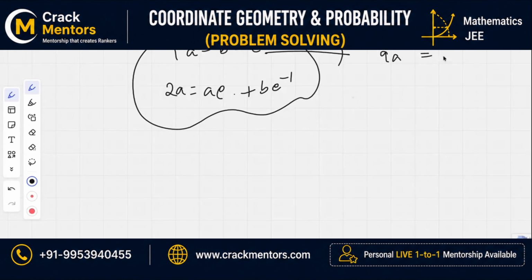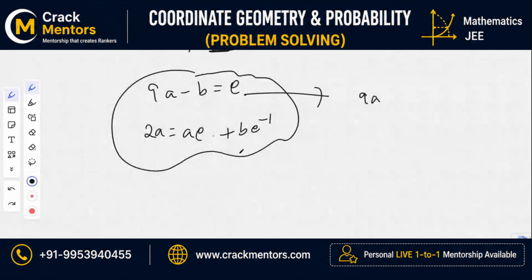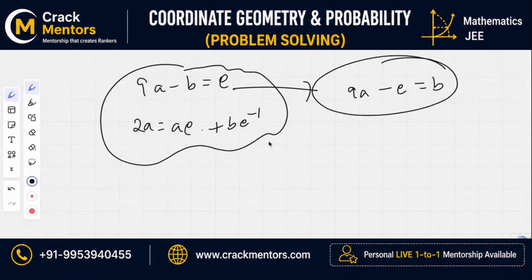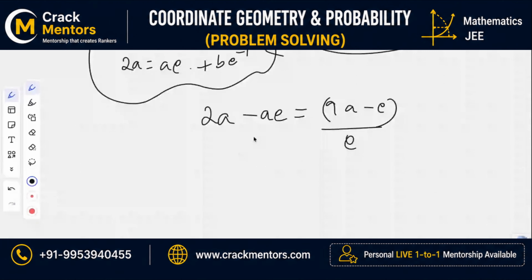See, this is how much? 9a is, let's do one thing. Let me write this. Also they're asking for the value of a, so you'll have to substitute b, right? So b is how much? It is this, put it here. The 2a minus ae is b. 9a minus e upon e. So let me bring a.